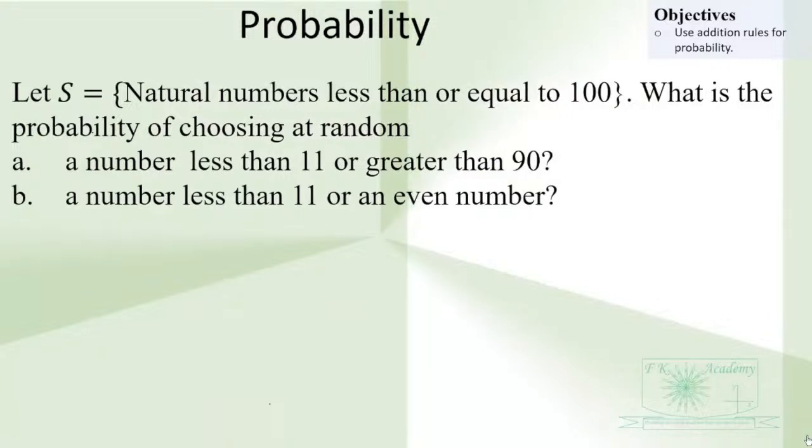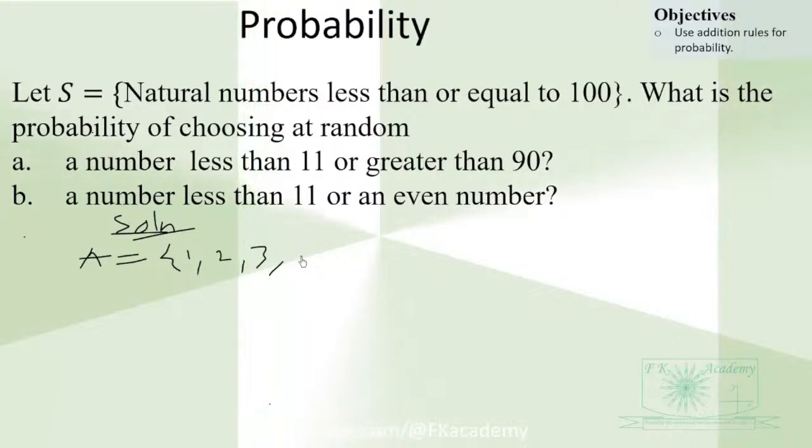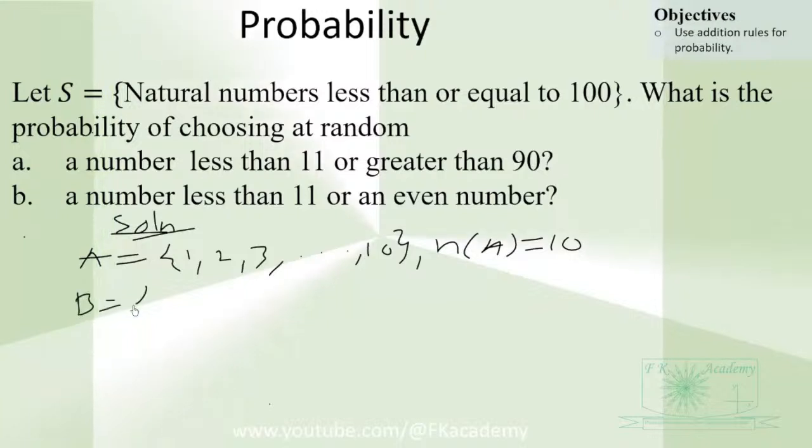The B part of the question: a number less than 11 or an even number. Again, we let event A be number less than 11. We have 1, 2, 3, up to 10. The number of elements in this set will be 10. Then we let event B be equal to an even number.